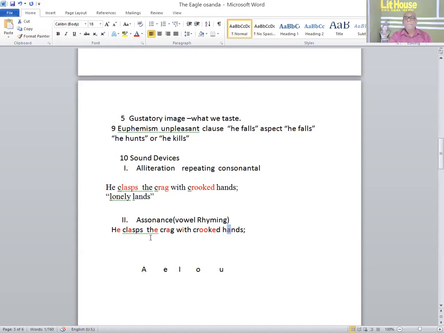A. How many A's are there? Clasped, crack, hands. Right? I will omit these things now. Now you can see: clasped, crack, hands.